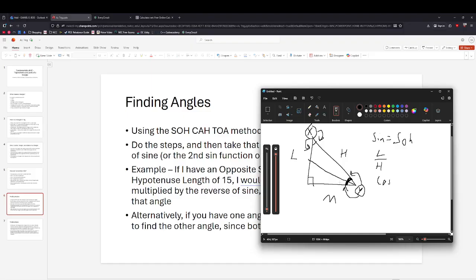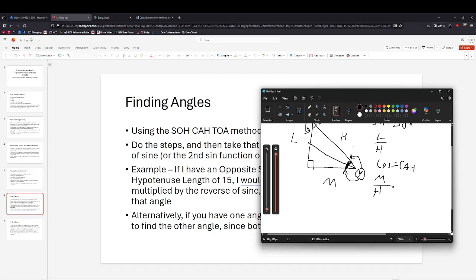As long as you know which one is your hypotenuse, which is always the longest side, then you can always find your opposite and your adjacent, just depending on where your angle is. So again, your cosine then is going to be M over H. I'm going to just write down the CAH here as well. Because again, it's your adjacent over your hypotenuse.